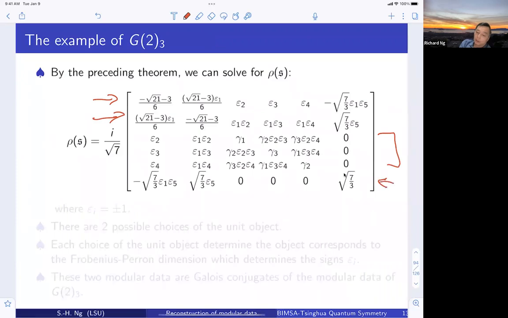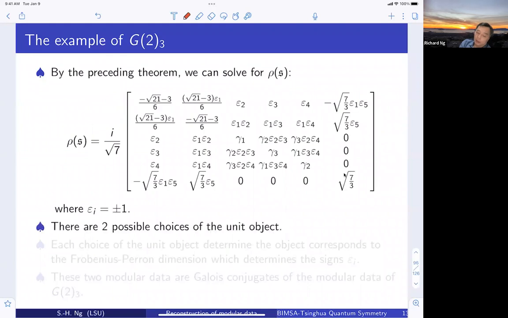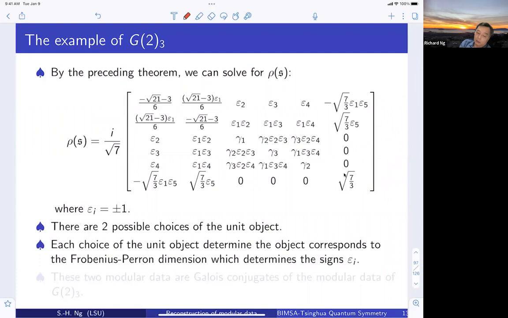So I try both of them, and then by using the dimension, you can see that the Frobenius-Perron object and the unit object are distinct, in fact. That means one is the unit, the other one is the Frobenius-Perron, and vice versa.